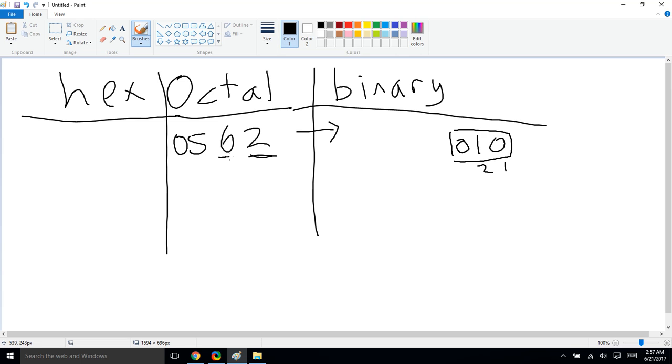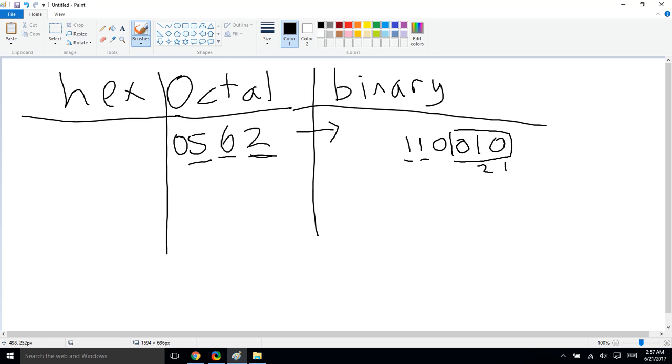Now we would go on to this 6. So what is 6 in binary? 1, 1, 0, we have a 1 in the 4's place, a 1 in the 2's place. That is 6. Then we would move on to 5.